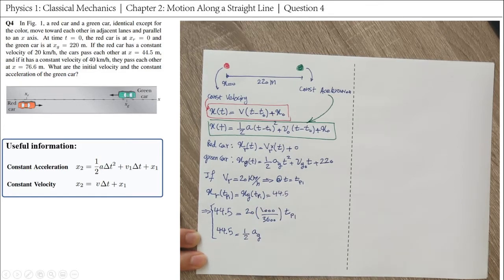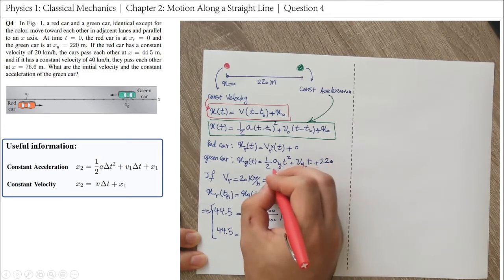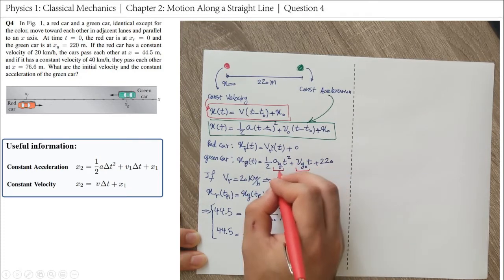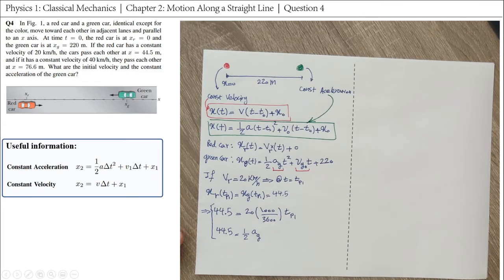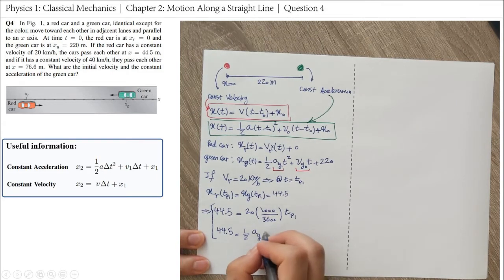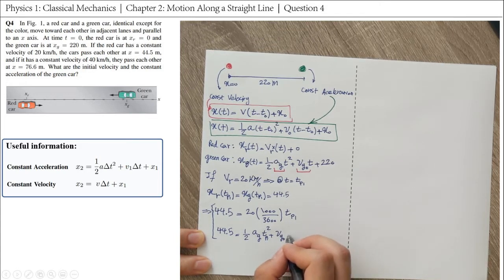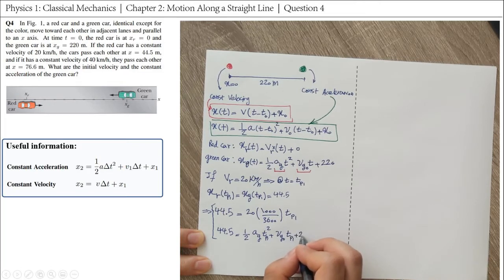Remember that what we're trying to do is to obtain the acceleration of the green car and the initial velocity of the green car. So these are the two unknowns that the question is looking for. 1/2 ag t squared, I'm just writing this again, plus vg naught, and instead of t I have to write tp1, times vg0 tp1 plus 220.